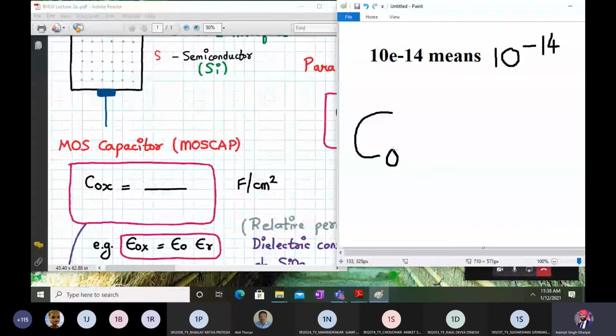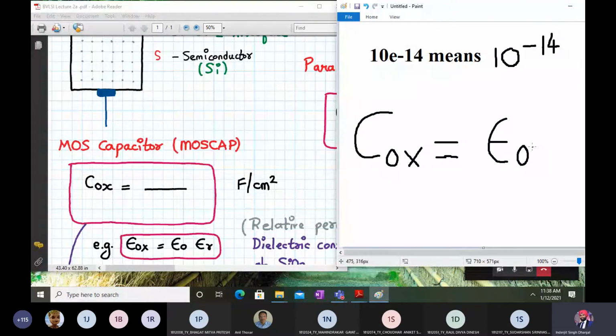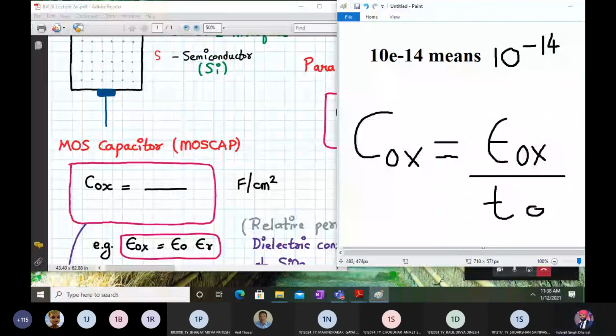We'll talk about that. Just note down that formula in your notebooks. Epsilon OX upon TOX. We'll discuss every term over here. Okay, so this is the formula for the gate oxide capacitance COX, which is given by epsilon OX divided by TOX. So have you noted it down? I'll wait for 2 seconds.